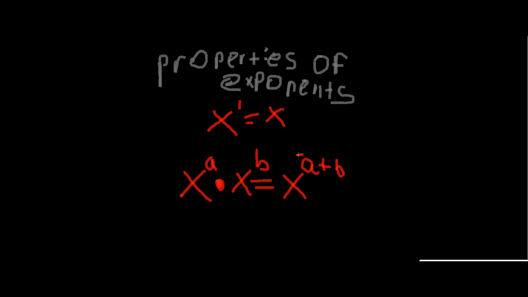Let's take a look at an example. Let us say I have 5 to the third multiplied by, I don't know, 5 to the 7th.